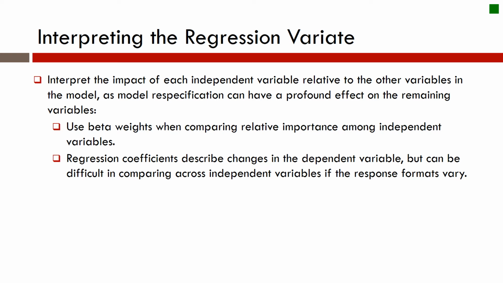The other thing about the standardized betas is that those are the ones we can use to compare independent variables to each other. They're relative to each other because they're standardized. So if one is a 0.5 and another one is a 0.25, then we know that the independent variable associated with 0.5 is twice as strong as the independent variable that's 0.25 in explaining the variance of the dependent variable.